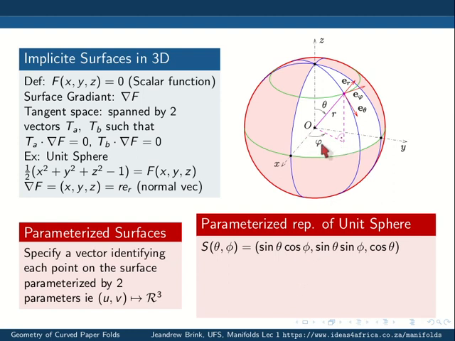The y coordinate is sine theta times sine phi, and the z coordinate is simply cos theta. So you can see this way, for any value of theta and phi, you're on the surface, and any point on the surface has a unique theta and phi that gives the description, and that we call the parametric representation of the unit sphere.